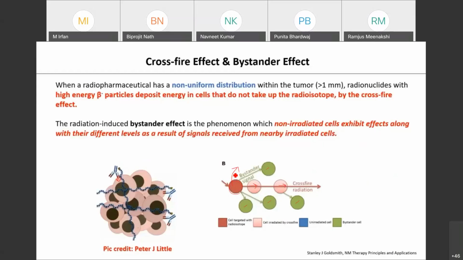These can be any signals, like an apoptotic signal which leads to programmed cell death, or many other signals which can lead to cell lethality. That's what we call a bystander signal. These signals are emitted from the irradiated cells to those cells which have not been exposed to radiation.